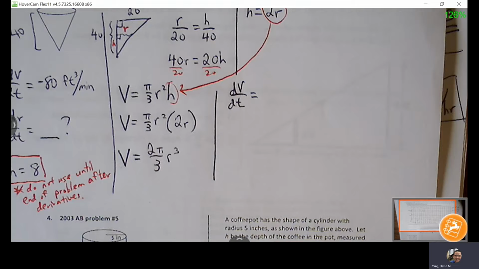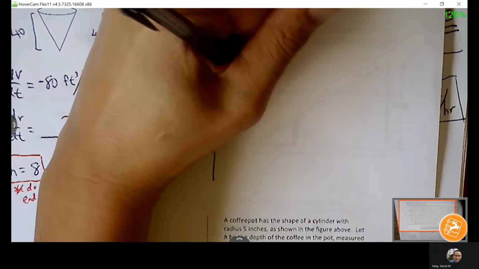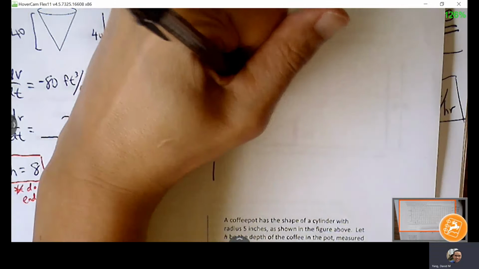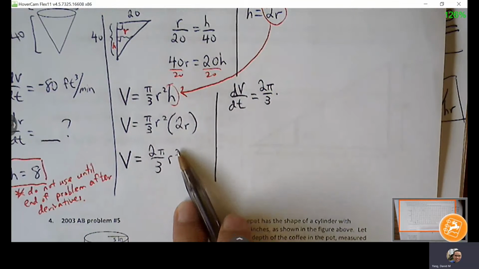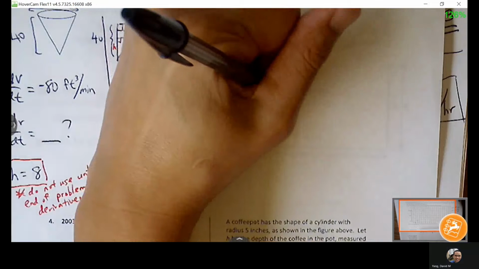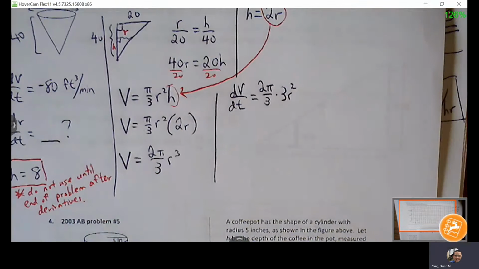Just 2/3, or do you keep the pi? Let's keep the pi. 2r squared. What's the derivative? Sorry, 3r squared. Okay, is that it?